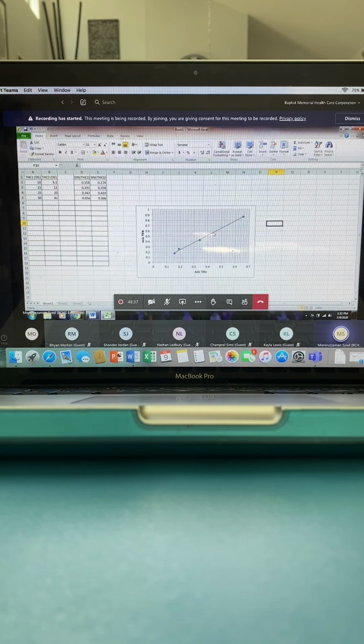Now what you need to do, you need to fit the graph to get the slope value, right? So how do you do that? Formula, data. Two different ways you can do it. If you want to get the slope value, let me give you one of the easiest tricks.